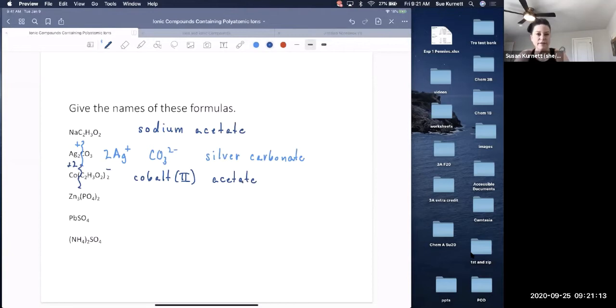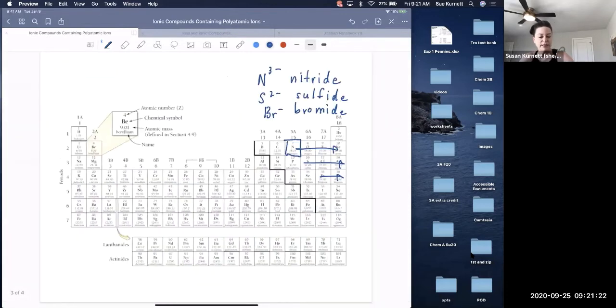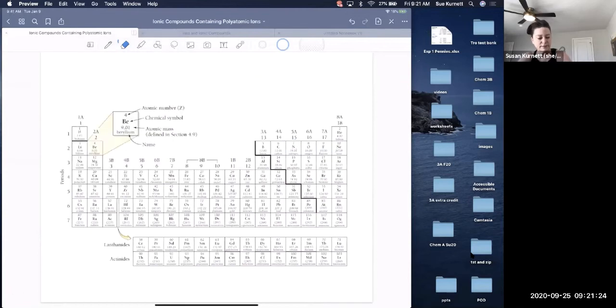So it's not enough that I know acetate is C2H3O2. I have to also know the charge, because if it's with a transition metal, we have to deduce what the charge on that transition metal is. Here's cobalt. Cobalt has 2 charge possibilities. It can be +2 or +3. There are 3 that are like that.